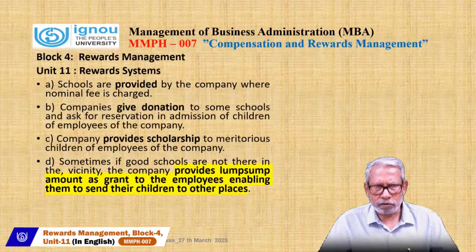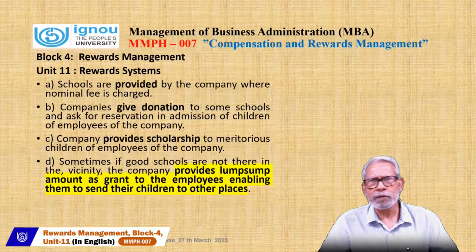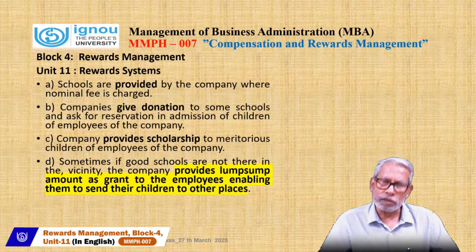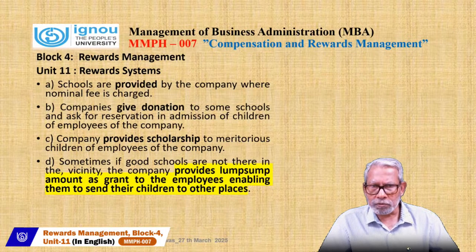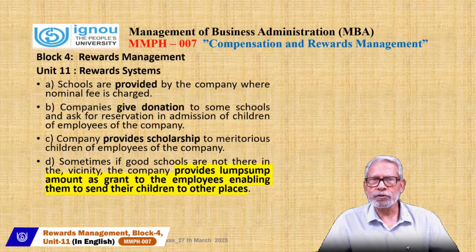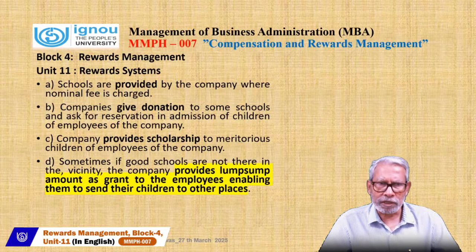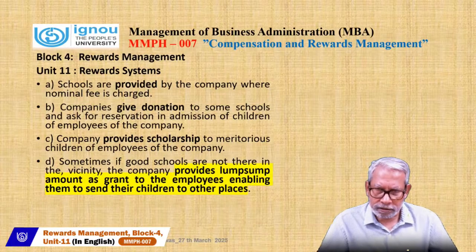It is already there; in most of the steel and power plant areas, you can see school systems there. Companies give donations to some of the schools and ask for admissions in addition for children of the employees of the company. As I said, same thing.